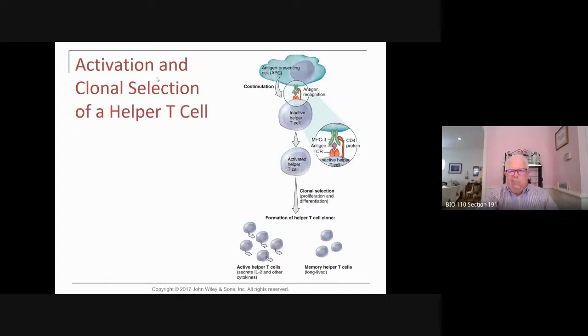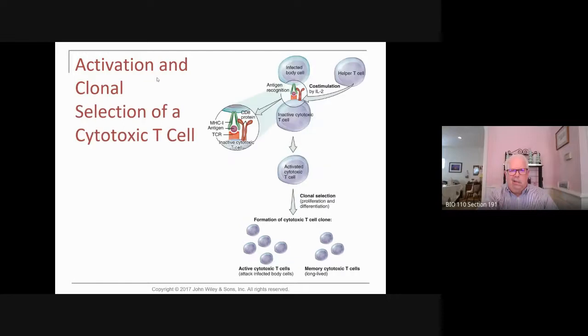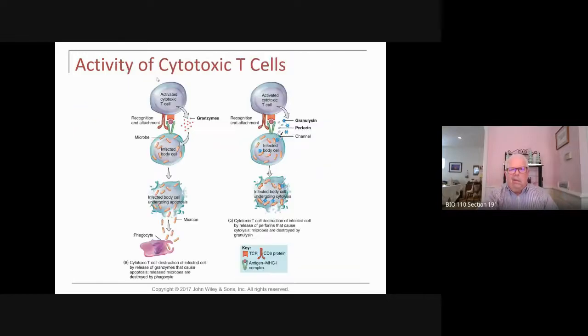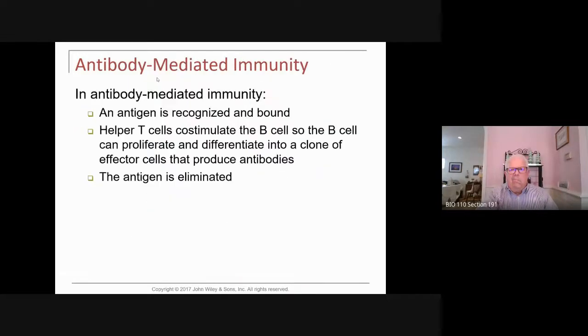That's what we're talking about: killing it. In antibody-mediated immunity, you have helper T cells that stimulate a B cell to produce an antibody. The antibody will then kill the antigen.